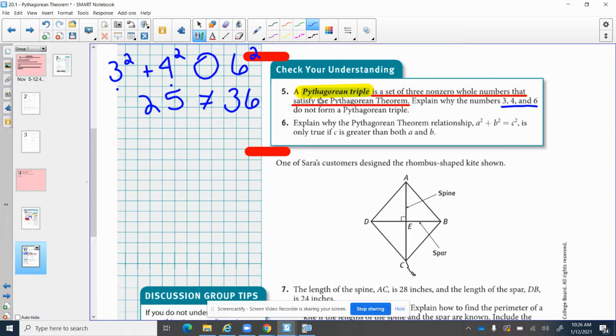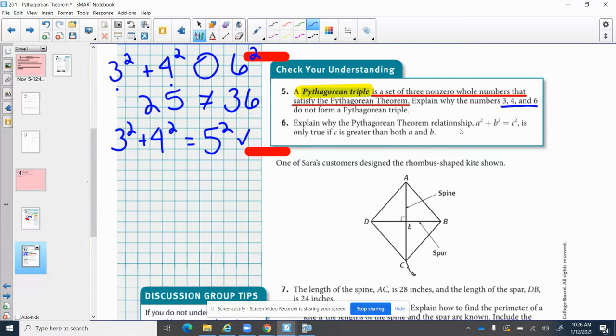So this would not be a Pythagorean triple because these numbers do not equal each other. They don't satisfy the Pythagorean theorem. What would satisfy it, and it's a very common Pythagorean triple, is 3 squared plus 4 squared equals 5 squared. This would be a Pythagorean triple, okay?